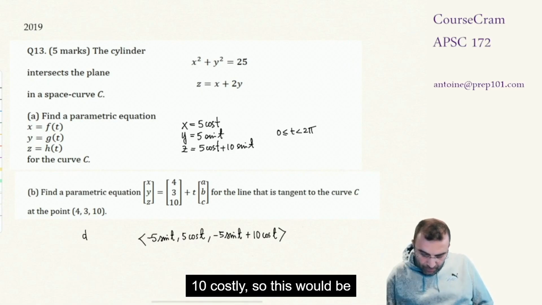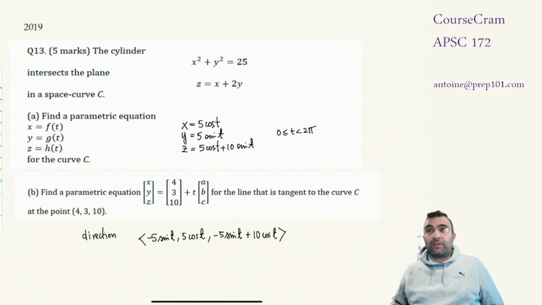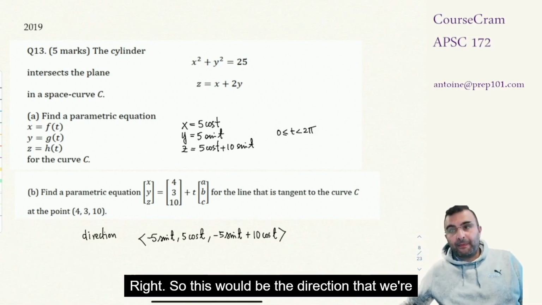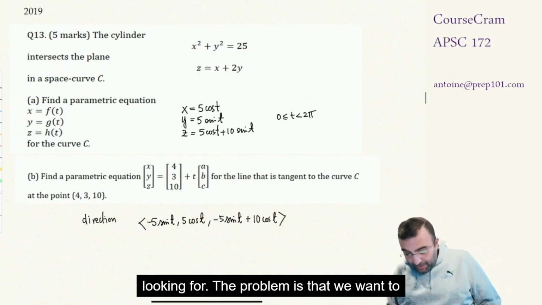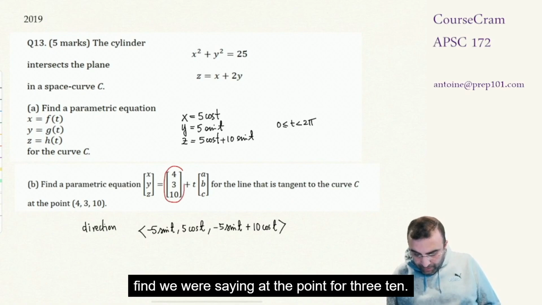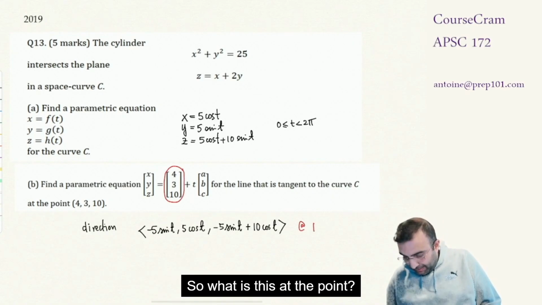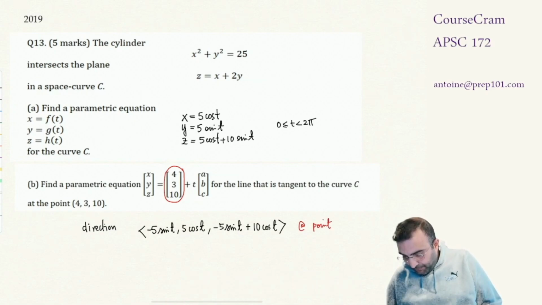So this would be the direction that we are looking for. The problem is that we're saying at the point (4, 3, 10). So what is this at the point (4, 3, 10)?